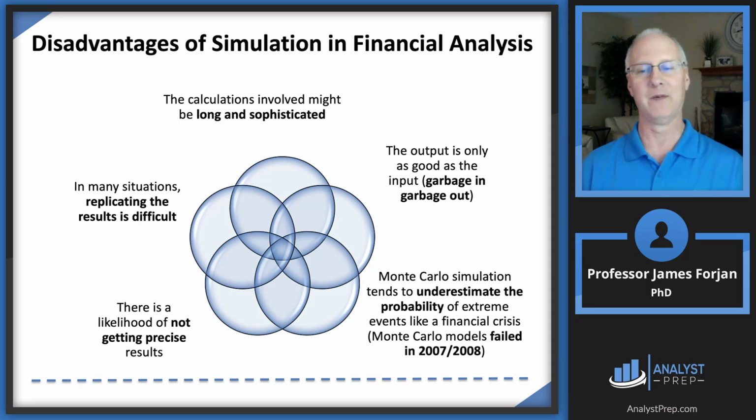Notice what I have in the bottom right there. Not only did correlations fail us, but Monte Carlo models failed us 10 years ago or so as well. So this is just a disadvantage. Of course, there are lots of advantages that we talked about during this slide deck. Monte Carlo has lots and lots of really good things to help us manage risk, but once again, it's not perfect. So sooner or later, we're going to have to figure out how to handle those tails.